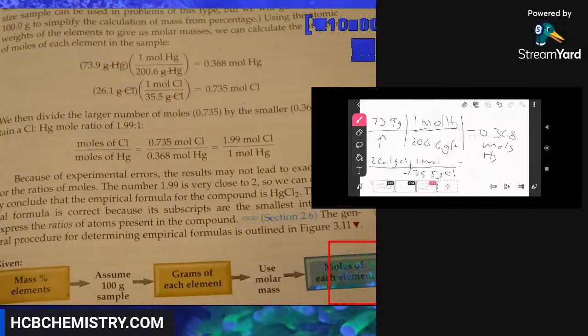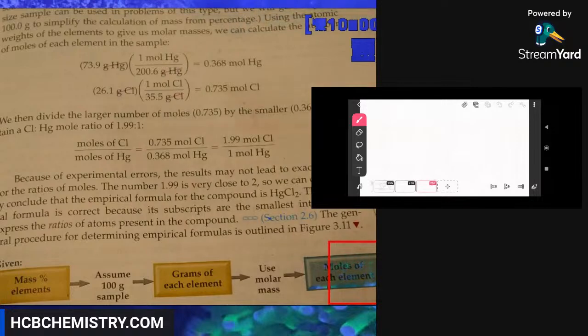And then when you multiply the top and divide by all the numbers in the bottom, you'll get 0.735 moles of Cl. That's all they're talking about. All right, so anyway, let's keep going.